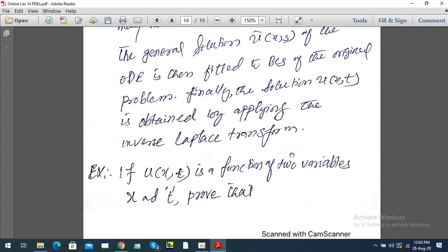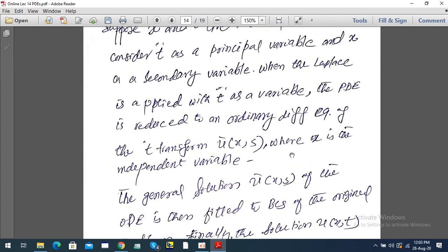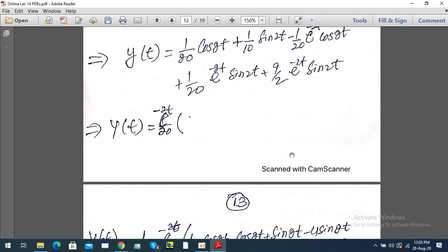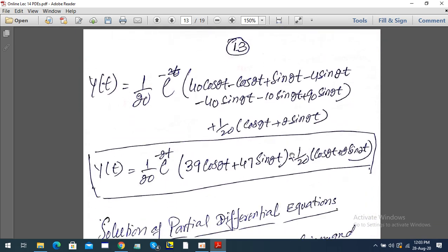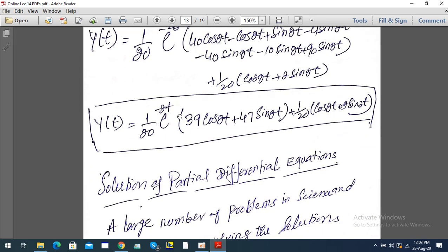Remember that in the previous problem, you have to apply the conditions. First find y of 0, so where there is t, put it equal to 0. The conditions are y dash of 0 is 1 and y of 0 is 2, I think.